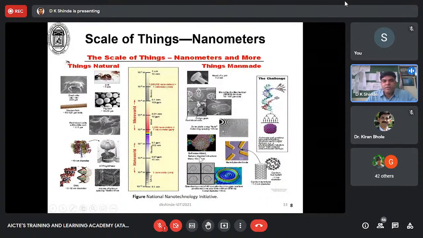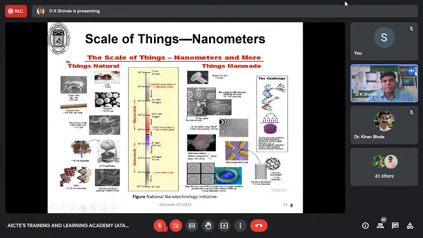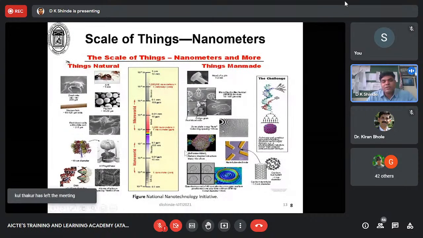Then a few of the things made by using the available synthesis methods are carbon nanotubes, bucky balls, and then you have graphene. They are being used as connectors in today's computer processors. Then self-assembly molecules are widely used for developing drugs and biological materials.